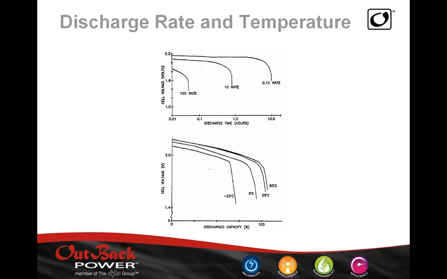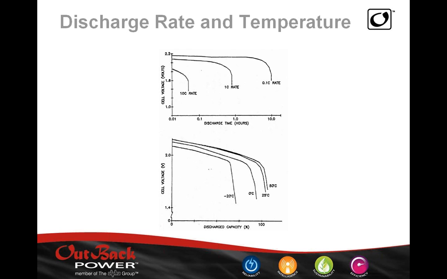Now, batteries are affected by the discharge rates, as we saw, but also by temperature. There are specific curves, which any battery manufacturer has, that show how capacity gets affected. Essentially, the colder it is, the less capacity the batteries deliver. That's going to be important once we start sizing batteries, because we'll need to know how low the temperature is going to go.